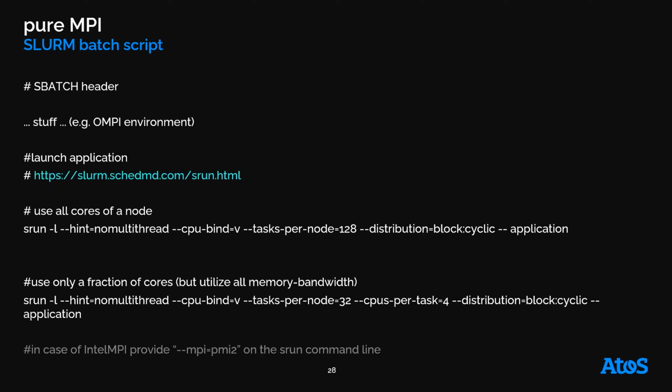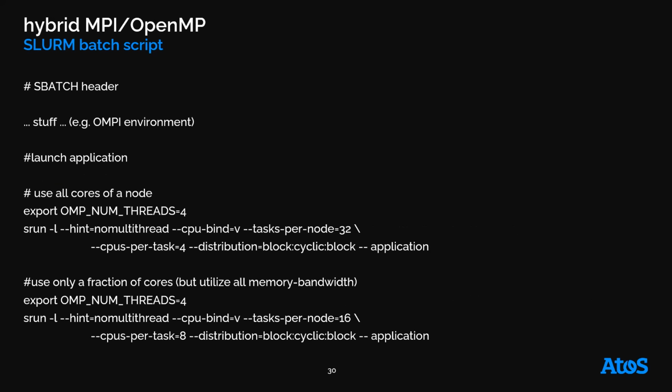This can be reused for hybrid MPI OpenMP applications. In that case, we just add an OMP_NUM_THREADS of 4, which is the optimal number I found for ICON.